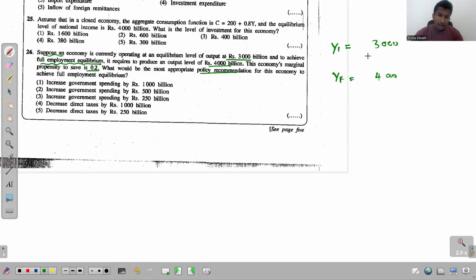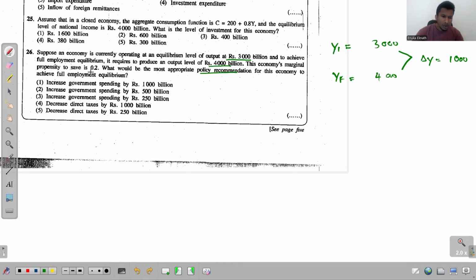So if this economy needs to achieve this full employment equilibrium, what they have to do is to increase their national income by 1000. So that's the desired change of the national income, right? If this change happens in the national income, the economy is able to achieve full employment equilibrium.